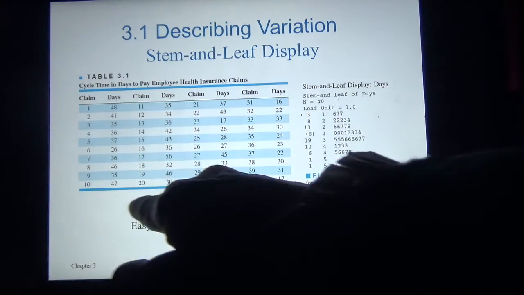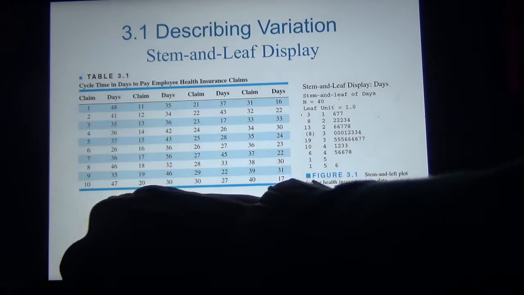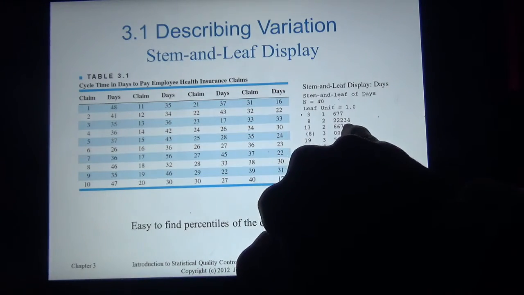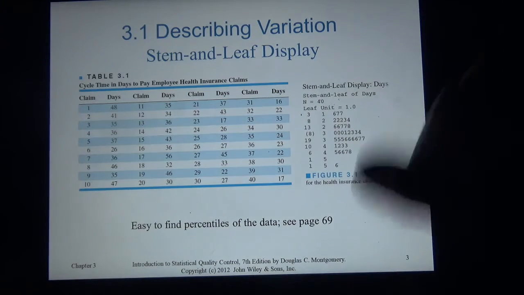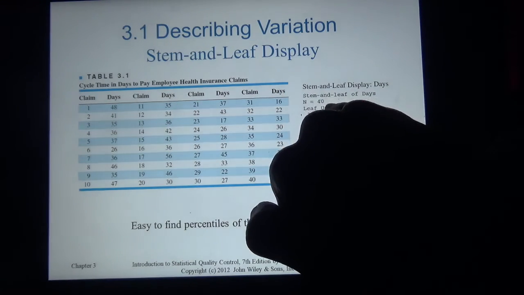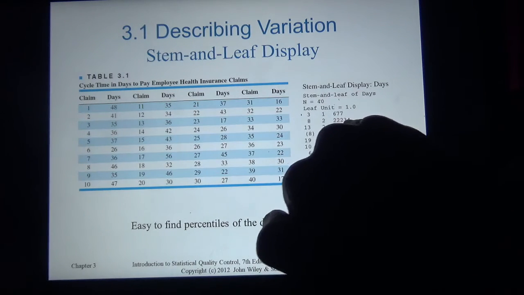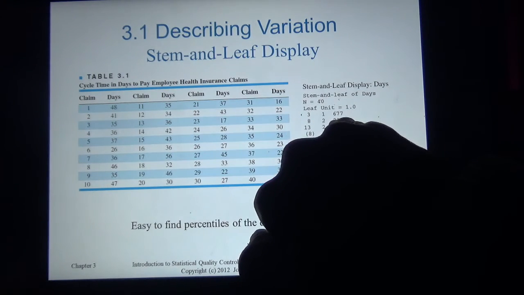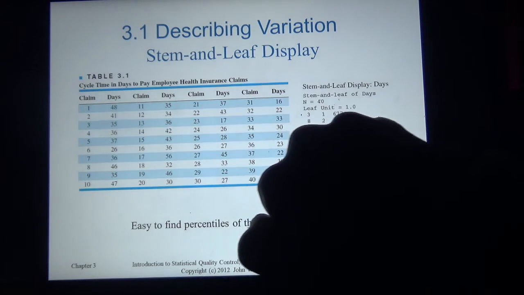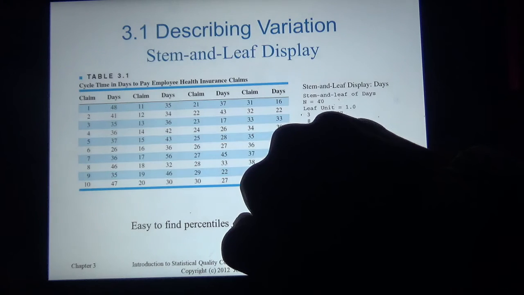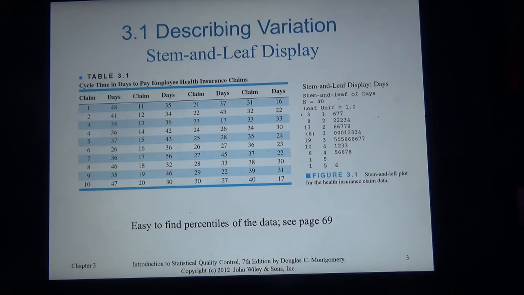After that, we have 22. When we put the numbers in order, we see that we have, for example, three 22s. So in order to read or draw a stem and leaf diagram, we take the tens digit as the stem and the ones digit as the leaf. Since we have three 2s on the row of 2, it means that 22 is repeated three times.